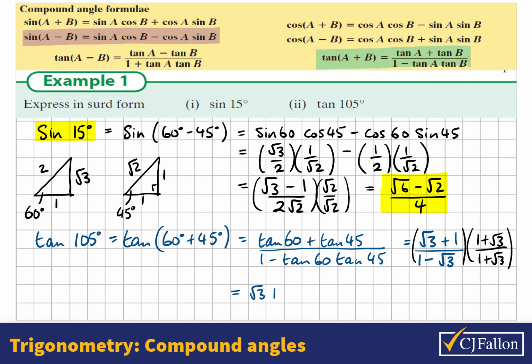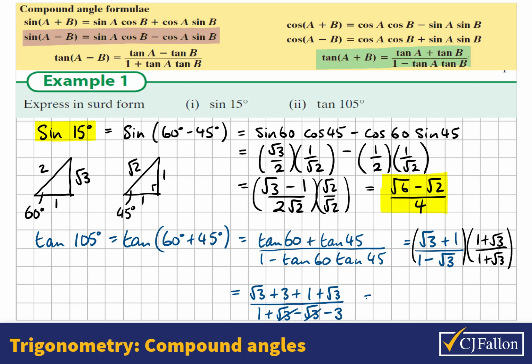Root 3 by root 3 is 3. 1 by 1 is 1. And 1 by root 3 is root 3. And in the denominator we have 1 by 1, which is 1. 1 by root 3, which is root 3. Negative root 3 by 1, which is negative root 3. And negative root 3 by root 3 is negative 3.